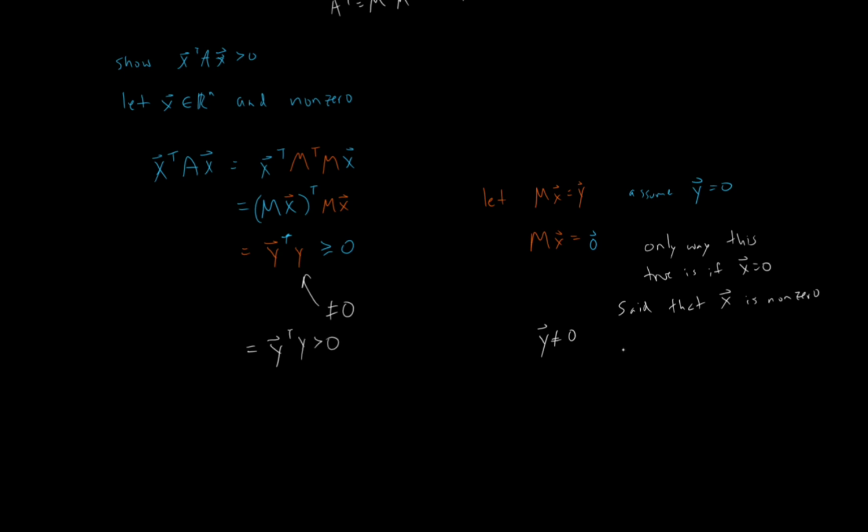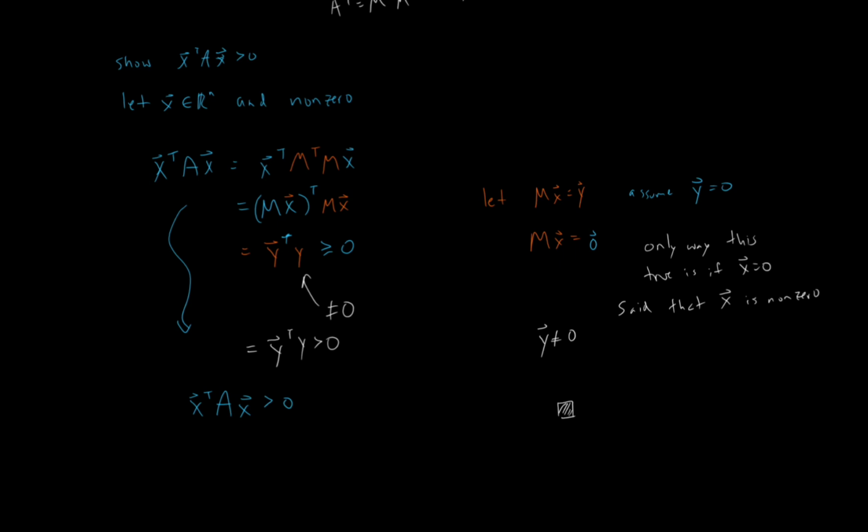So to summarize everything up, we bring this part down here. Now we have X transpose A X vector is not equal to, but greater than 0. And thus we have proven our theorem.